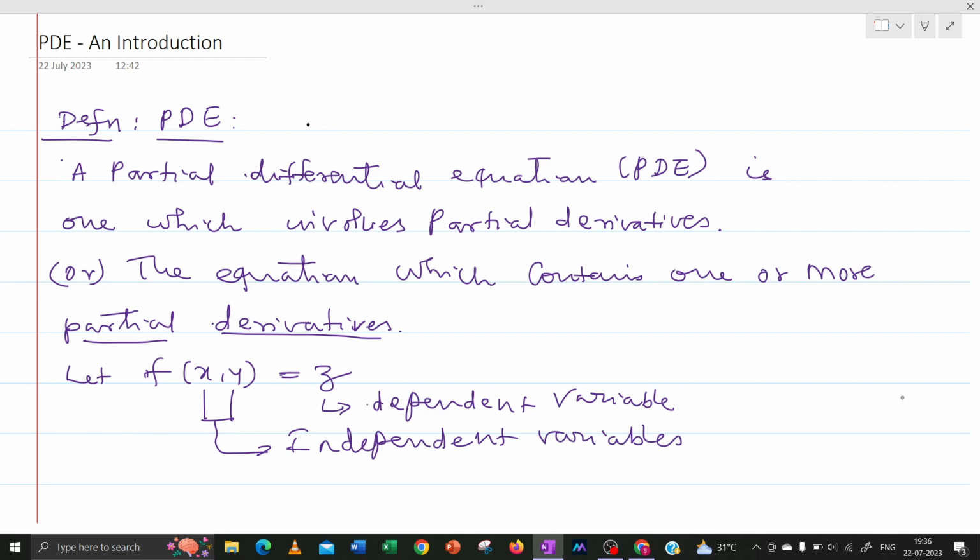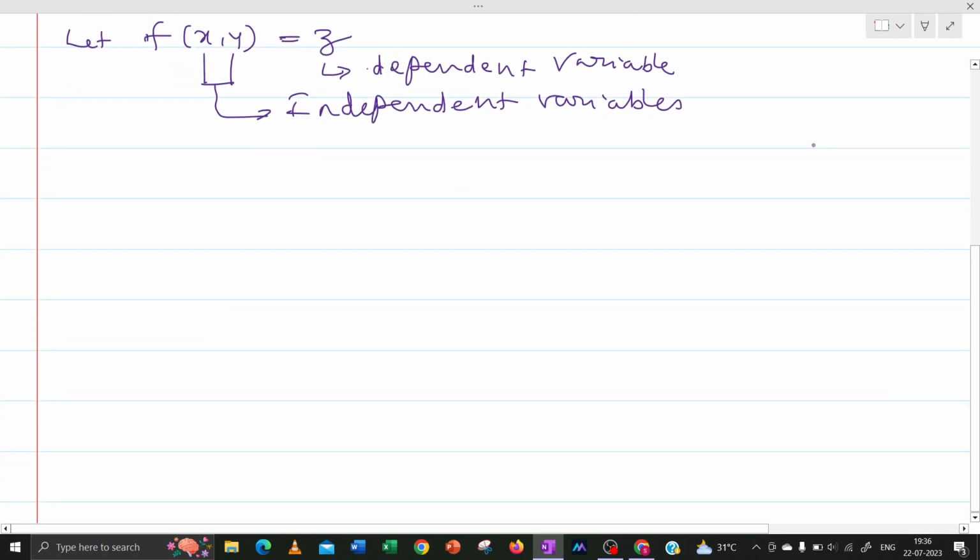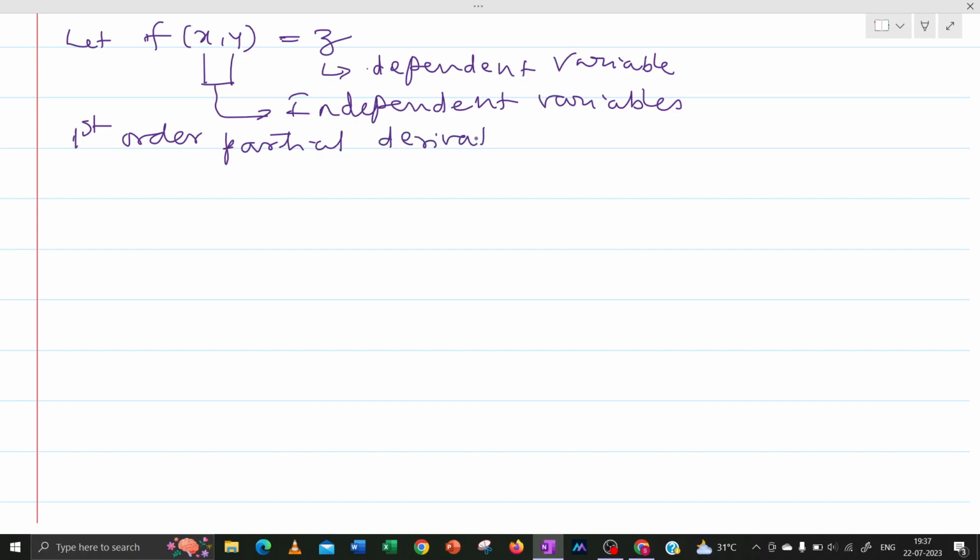Then we can write the first order partial derivatives. What are the first order partial derivatives? Already z equal to f of x comma y is given. You have to differentiate z with respect to x and with respect to y.